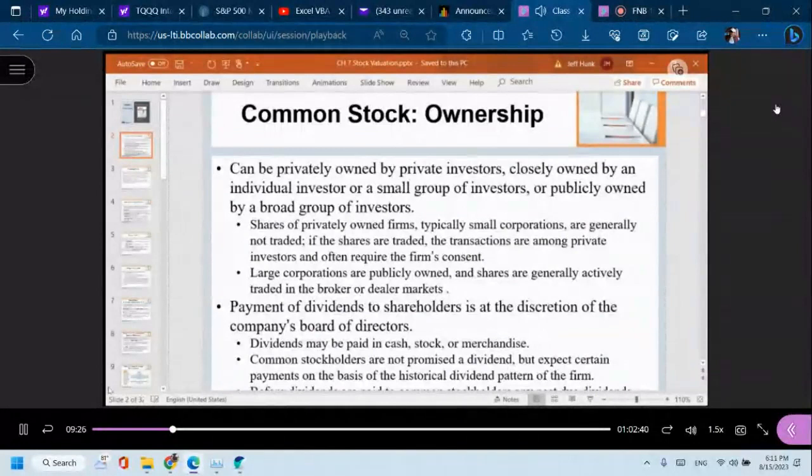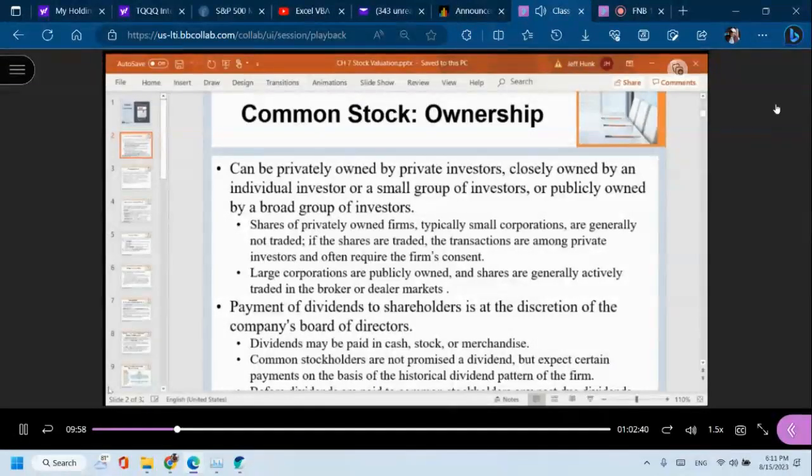Think about it. The first time the stock is sold to the public is called an IPO, initial public offering. That's the first time this company ever goes public. And after that, there can be a second public offering, a third public offering, but they are few and far between.